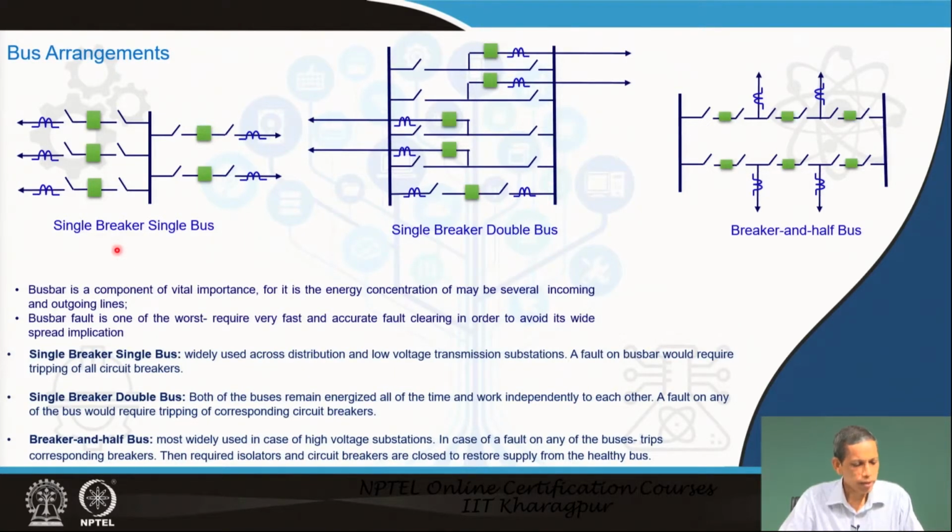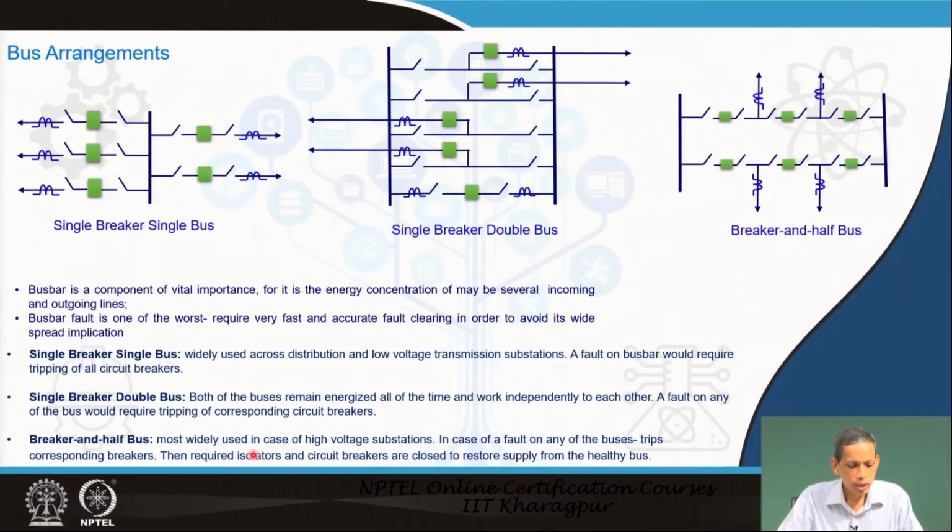One way of categorizing is single bus single breaker, double bus, or breaker and half bus, where we have two buses and the connecting lines, and in between we have three breakers.